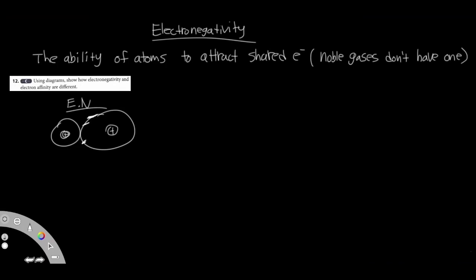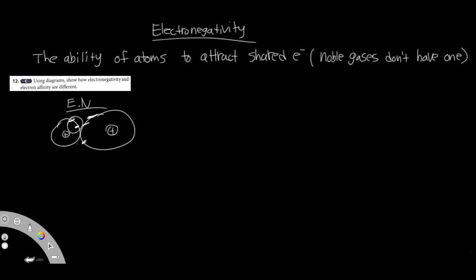How much of this positively charged nucleus is going to be attracting these electrons here towards it, like I just showed you with the arrows? How much of a strength of a pull does it have on these electrons? That's pretty much electronegativity.